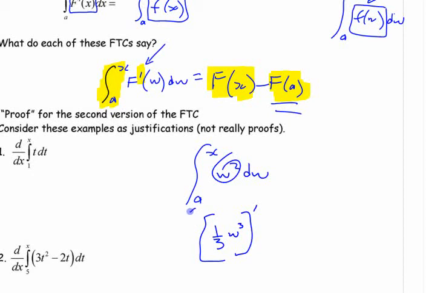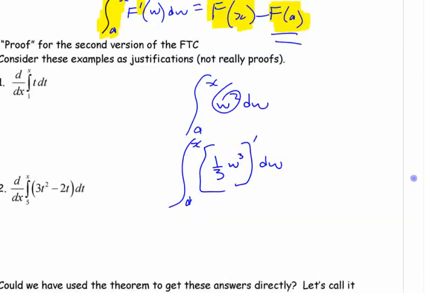What's the integral from a to x of the derivative of this function? If there is a derivative in here, this is going to cancel out. You just do one-third x cubed minus one-third a cubed. That's all that is.